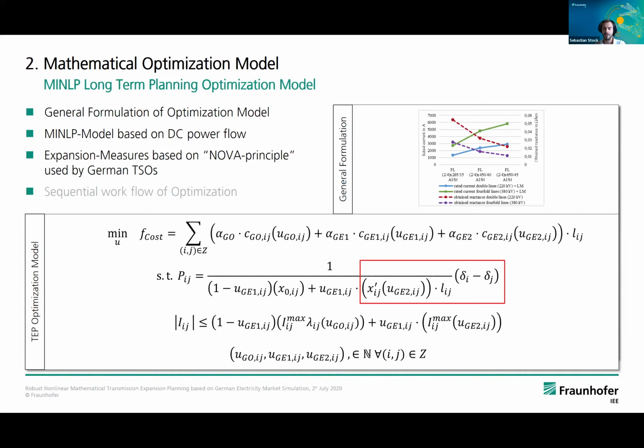We have the load angles out of the DC power flow, and this is multiplied with the impedances, which in the transmission case are also a variable. Therefore, we have a nonlinearity in it. And of course, it's also mixed integer decisions due to the fact that your transmission decisions are binary decisions you have to make.